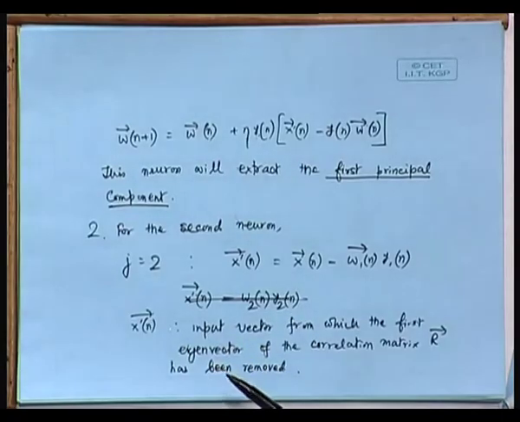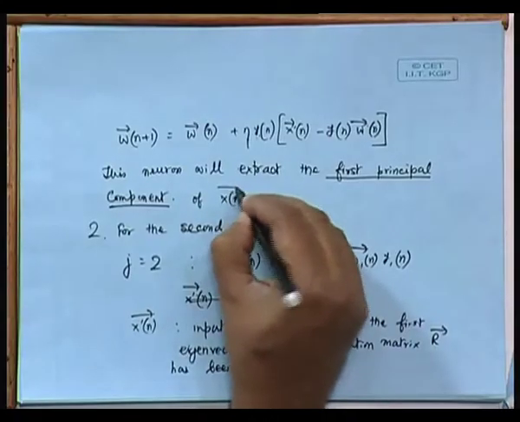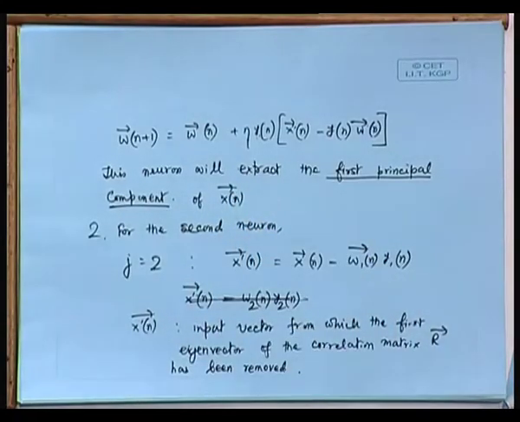And what will it extract? It will extract the first principal component of x prime n. Earlier it was extracting the first principal component of x n, and now it is going to extract the first principal component of x prime n, which becomes the second principal component with respect to the original vector.